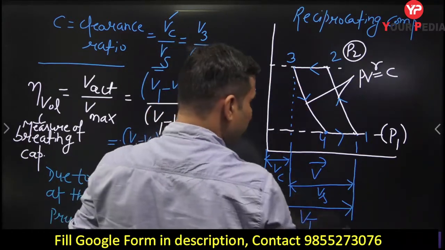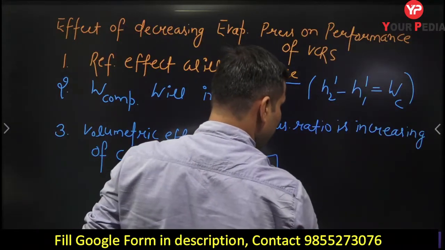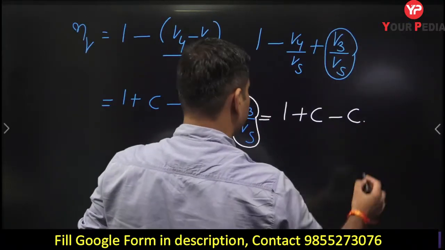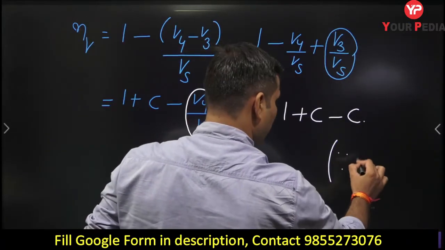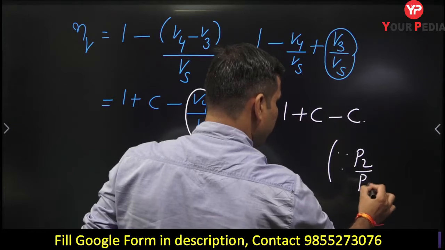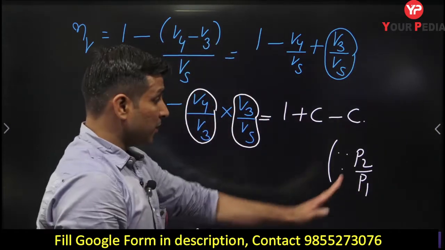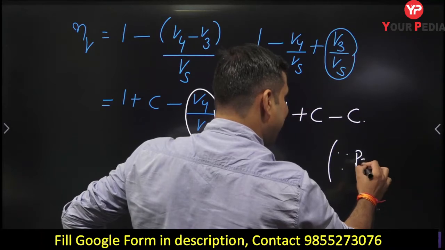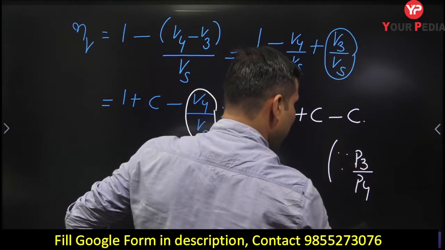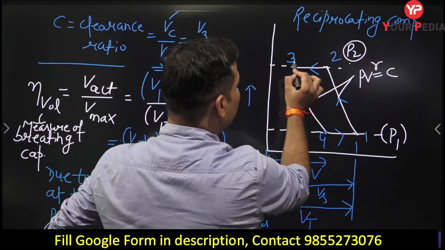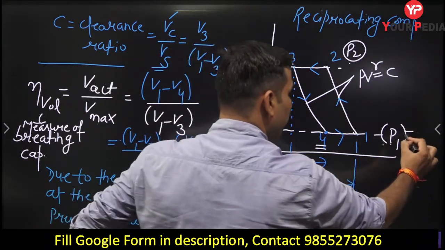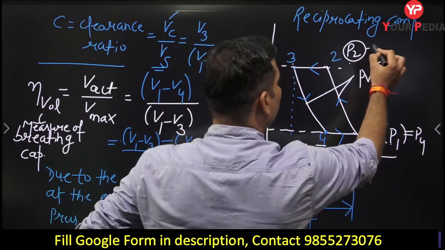So you know the relationship for the isentropic expansion, so let me write it here. P2 by P1, high pressure, P2 by P1, okay, or you can write it like this also, P3 by P4, because these are equal, P2 equal to P3 and P1 equal to P4, okay.